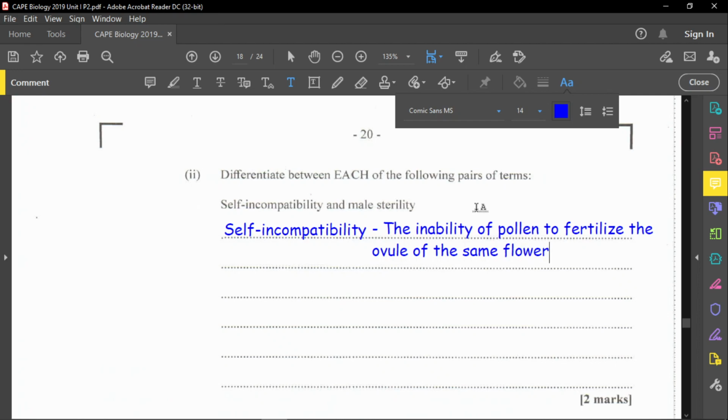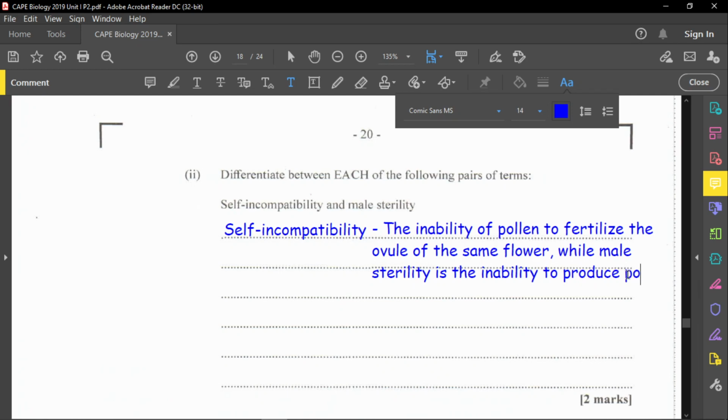All right. While male sterility or male sterilization is the inability to produce, and since I'm talking about plants, I'm going to say plants right there, is the inability to produce pollen.